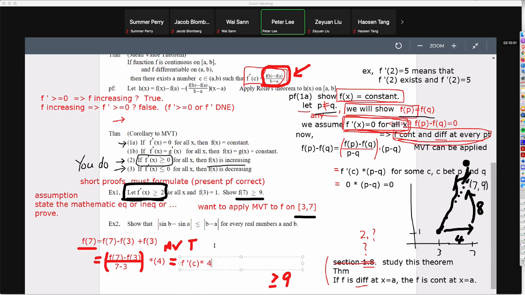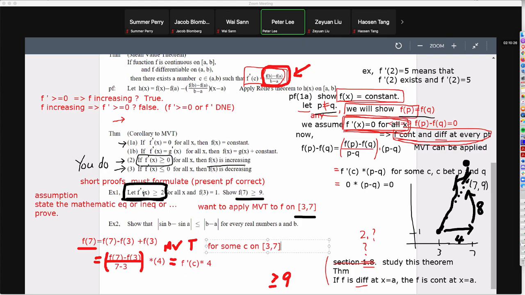For some c, now not for every c, for some c between 3 and 7. Maybe I can just write this: c on the interval 3 to 7. So it's true for that.